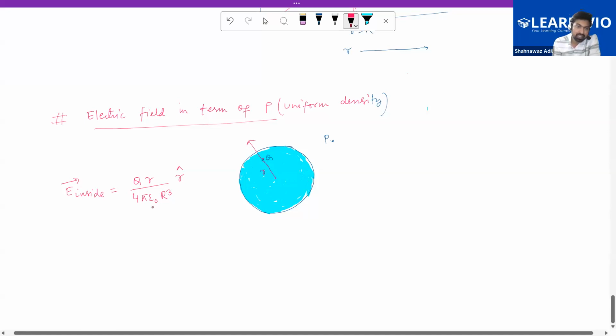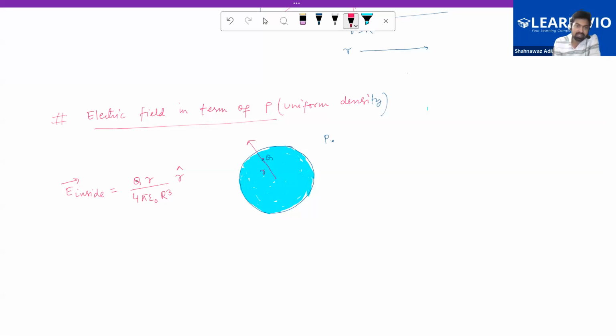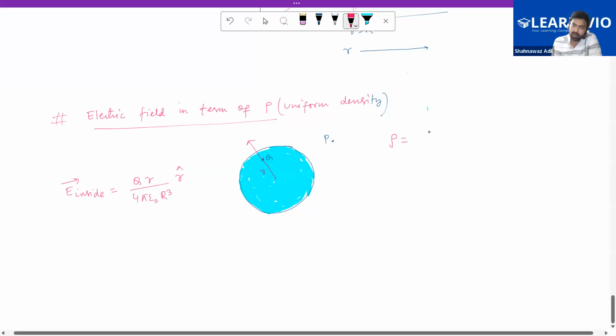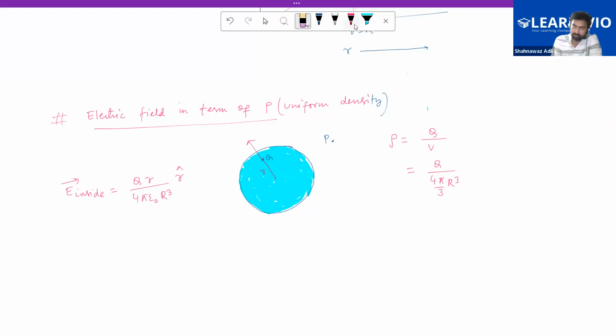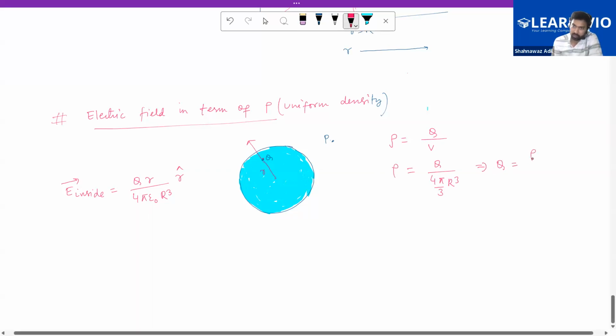Now, we want to relate this charge with the density. We know that rho would be Q by volume, and the volume of the sphere is 4 pi by 3 R cube. So Q would be rho times 4 pi by 3 R cube.